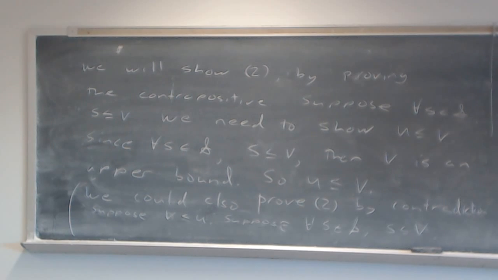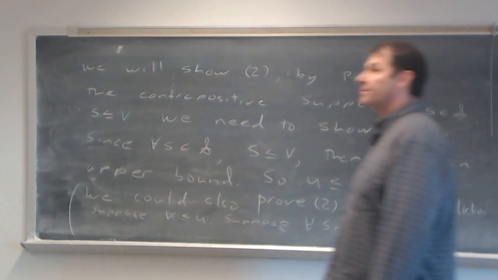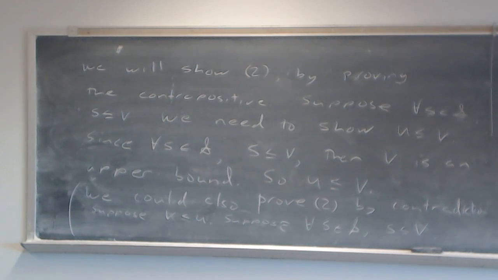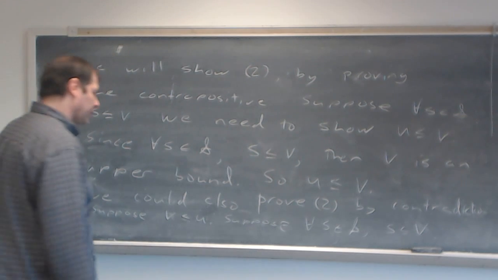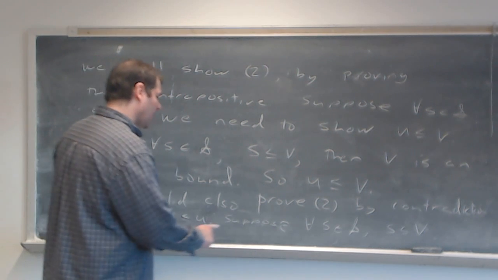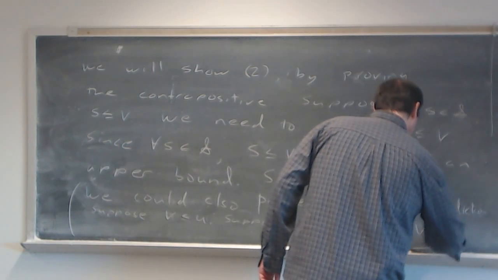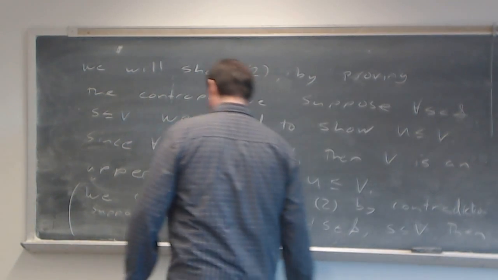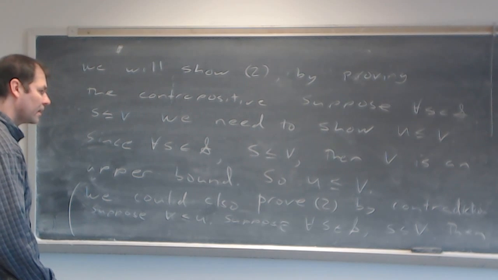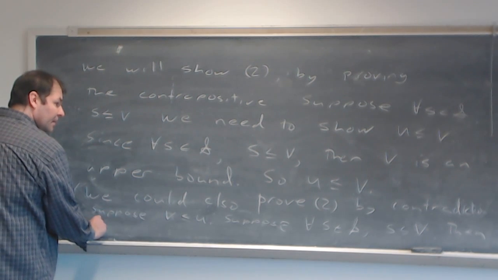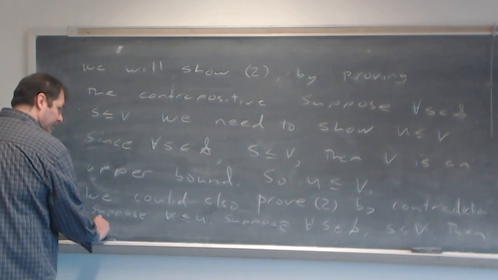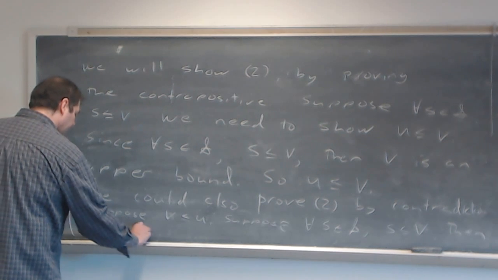That's what the statement in the lemma is. The V isn't an upper bound. Okay, so here, suppose this is happening. Then we're going to contradict this. Then that would say, again, the same argument, that V is an upper bound.